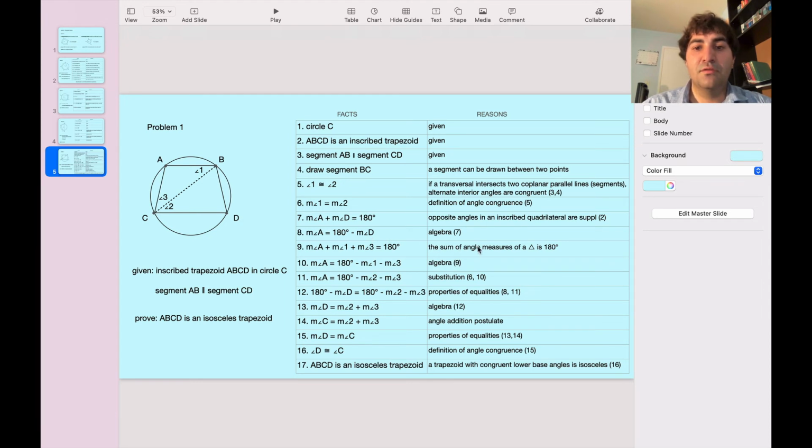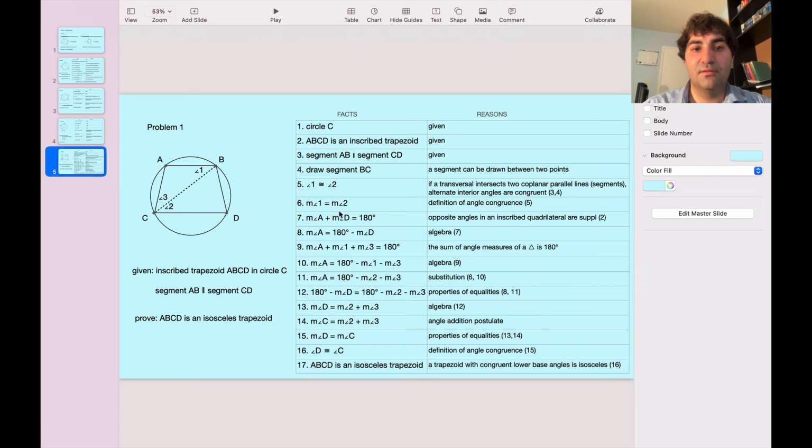We know the sum of angle measures of a triangle is 180 degrees. So measure of angle A plus measure of angle 1 plus measure of angle 3 equals 180 degrees. We can do some algebra, get measure of angle A equals 180 minus measure of angle 1 minus measure of angle 3. We can substitute what we have in 6 to get measure of angle A equals 180 minus measure of angle 2 minus measure of angle 3.